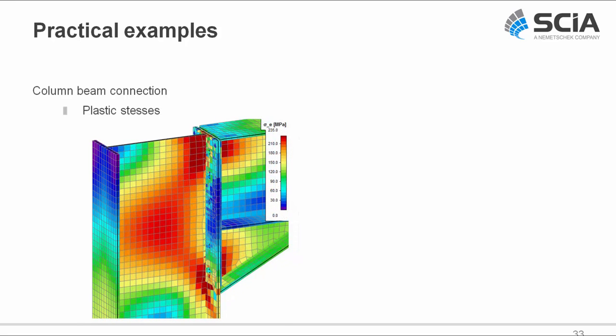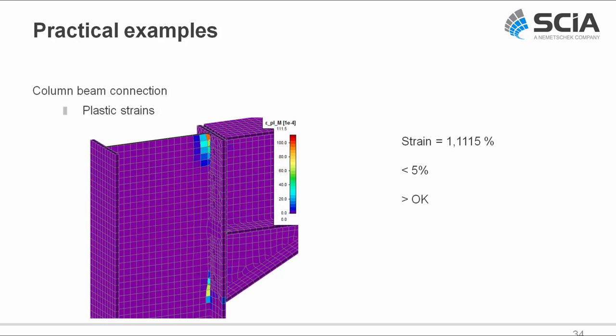If we perform the nonlinear calculation, taking into account the plastic material behavior, then we see that we have a plastic stress equal to 235 megapascal. But again, important, we need to check the maximum strains. And here the maximum strains are now 1.11%, which is lower than the 5%. So also this steel connection passes the stress strain check.